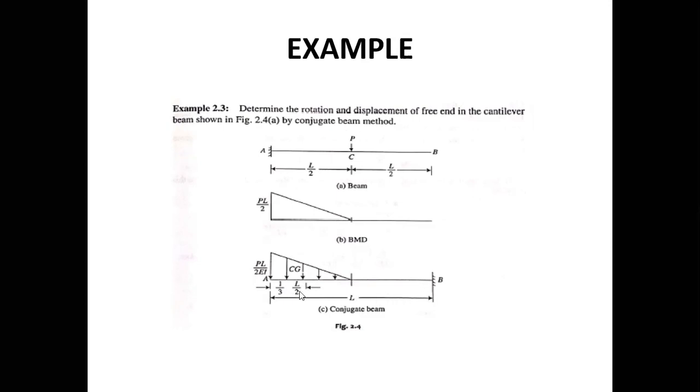The perpendicular distance will be calculated from the CG of this point to this point. This portion is L by 2, and the CG over here will be 2 by 3 of L by 2. So 2 by 3 of L by 2 plus L by 2, multiplied by the load of this triangle that we have just calculated over here.